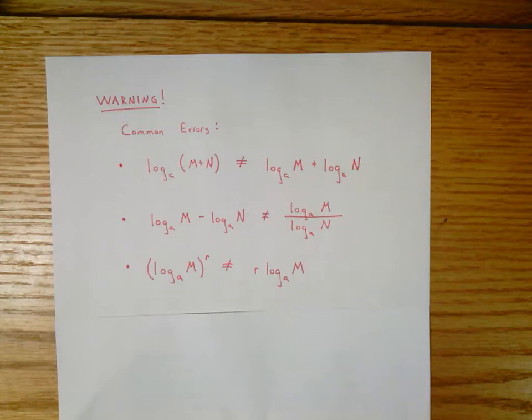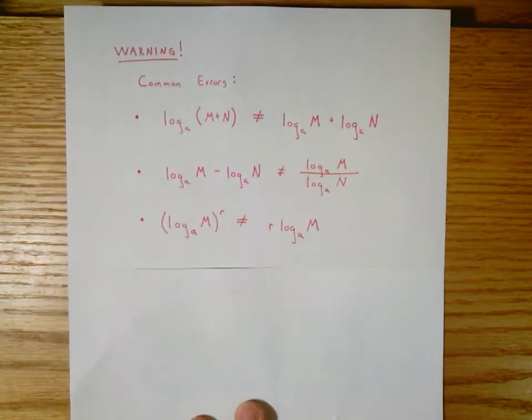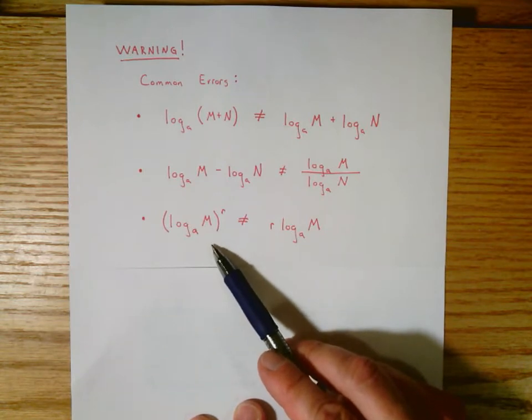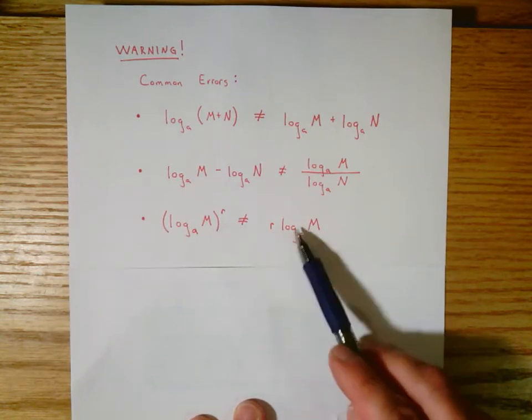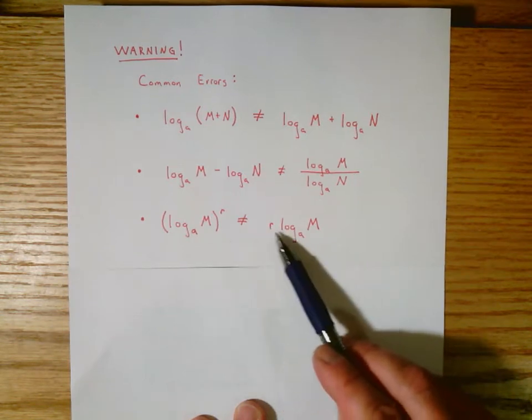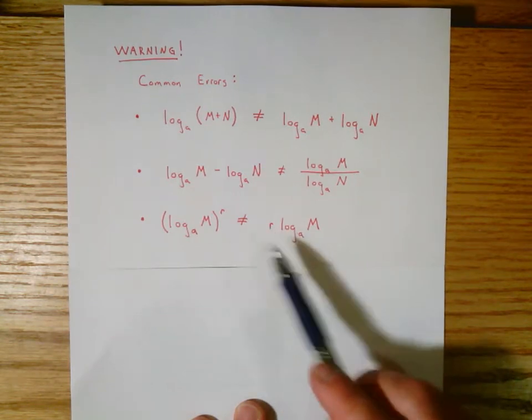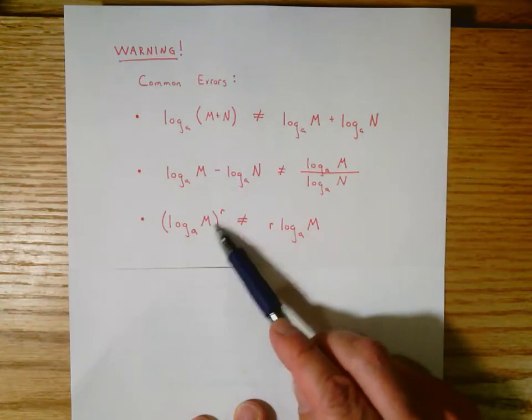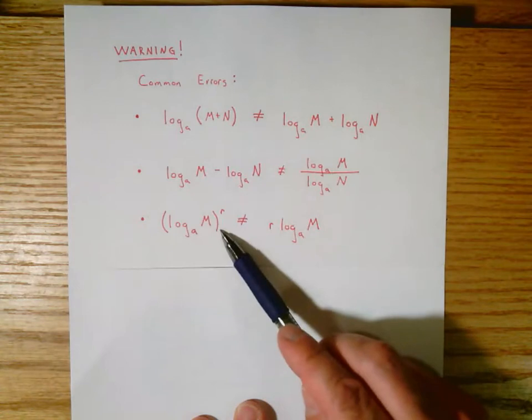every time. Okay? Last one you see here, this is a common mistake with that all-important fifth property that we talked about. You can see it looks like someone has said they're going to rewrite the exponent as a coefficient on a logarithm, but because of the grouping symbols, this exponent is not on the argument, it's on the entire logarithm.